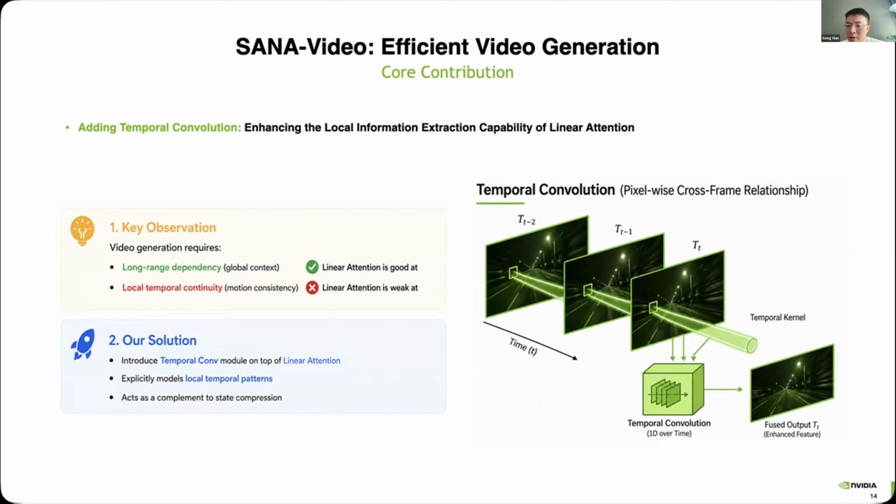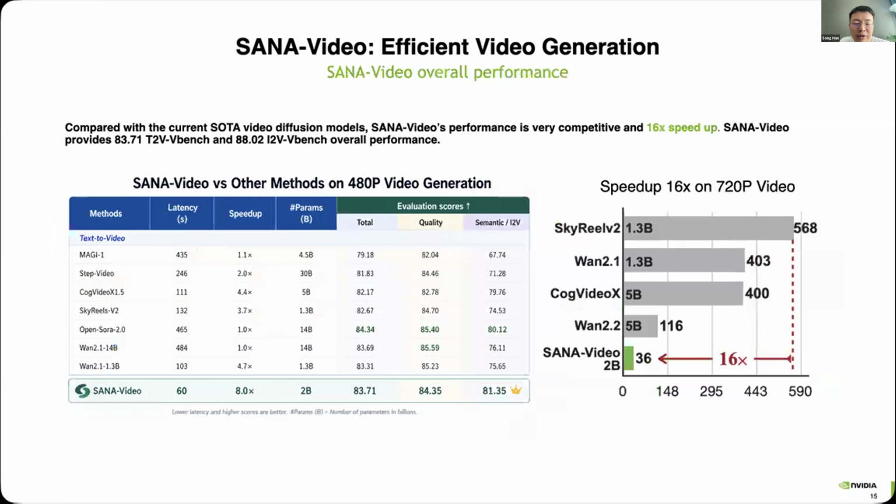Okay, by combining those techniques together, we deliver this SANA video model with pretty good accuracy. So the benchmark is SANA video over other methods on 480p video generation. So the latency is the fastest across different models. Speed up is about 8 times.